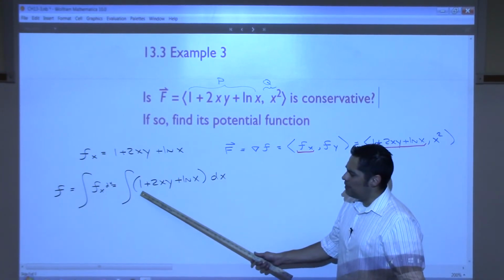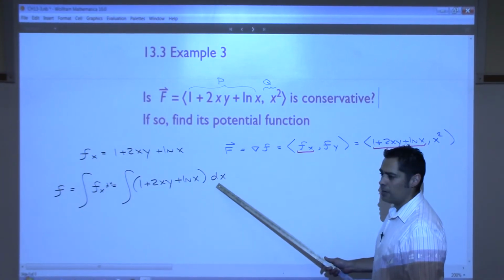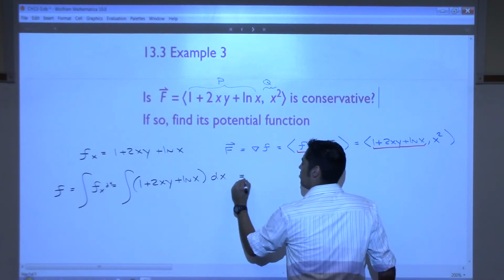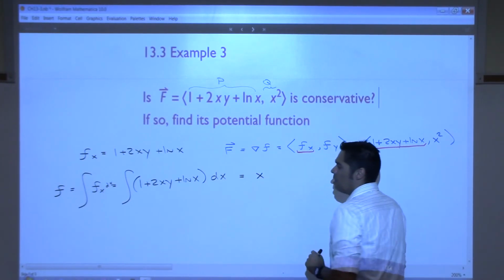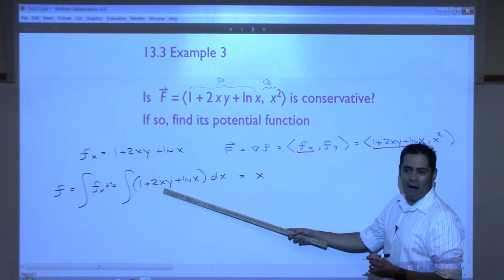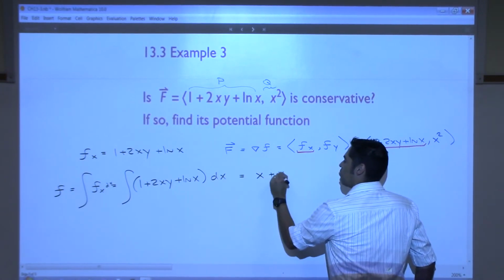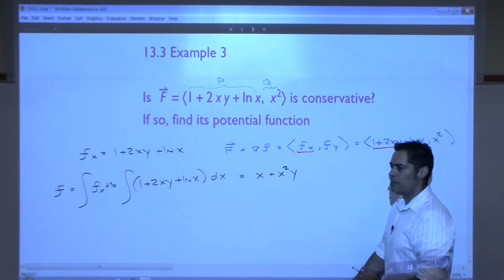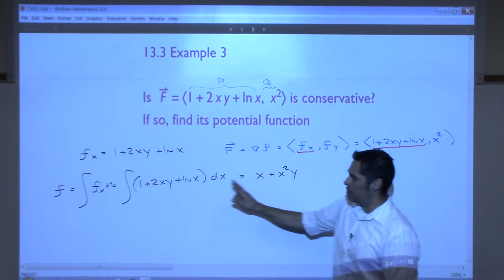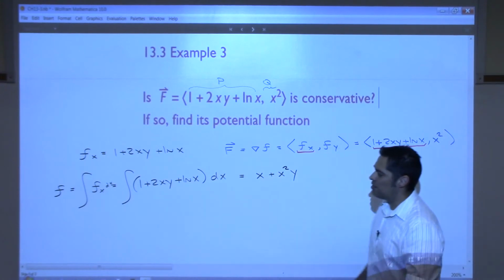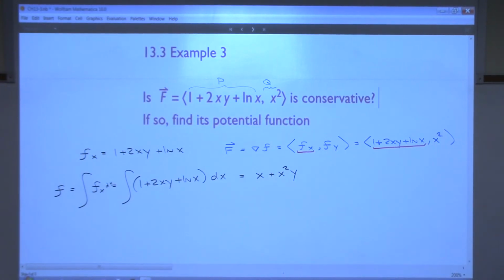What's the antiderivative of 1 with respect to x? Just x. What's the antiderivative of 2xy with respect to x? x squared y. And just double check: if I take the derivative of that with respect to x, I would get 2xy. What's the antiderivative of the natural log of x? Well, that's from Cal 2.